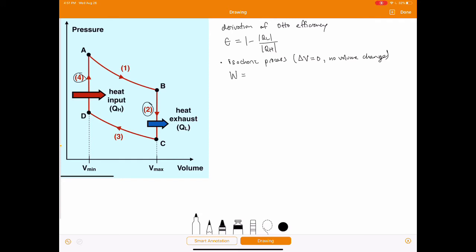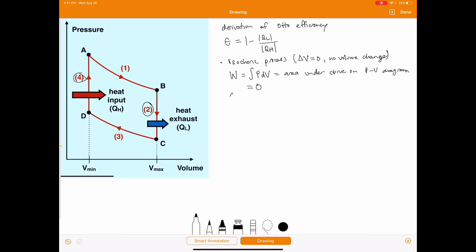So during an isochoric process, we can calculate the work. Remember, that's the integral P dV. Or we can think of that as the area under the curve on a PV diagram. But of course, if the volume is not changing, that work is equal to 0. There is no area under the curve if you just have a vertical line at constant volume.